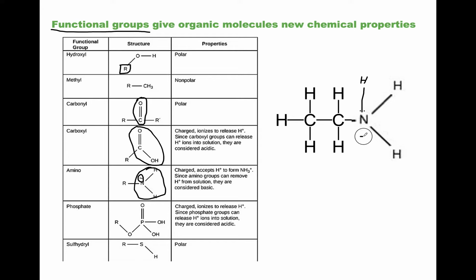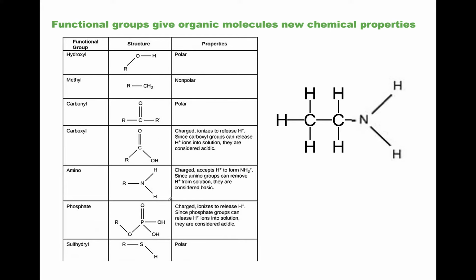So there's going to be a positive charge on these molecules. So not only by adding this amino group are you adding polarity to this molecule, because these are also polar bonds, but you also give this molecule a positive charge. So you went from a boring old hydrocarbon to a molecule that has all these interesting properties.